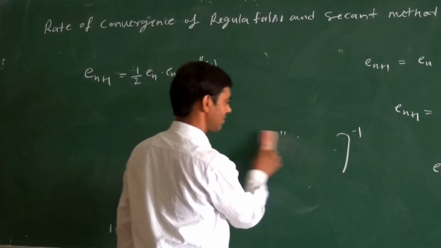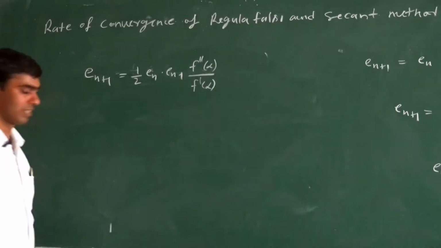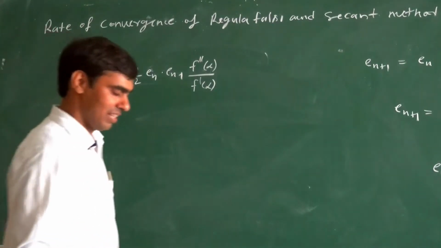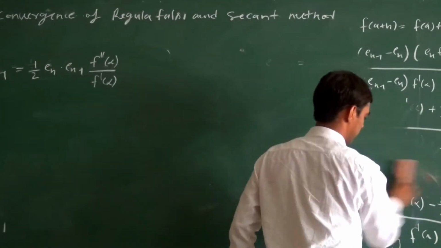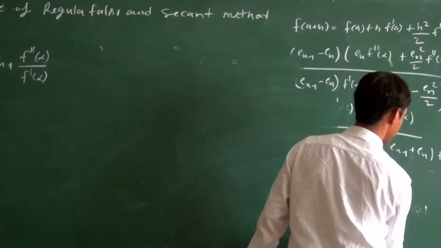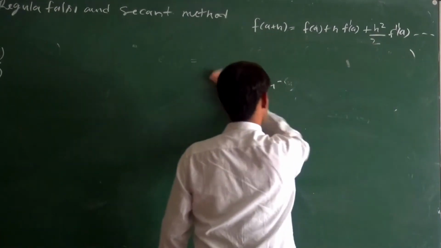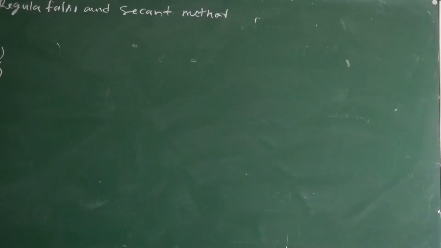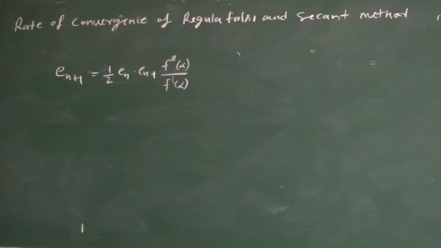Now we try to define the rate of convergence with the help of this expression. And this expression we obtain from the iterative scheme of the Regula Falsi method and secant methods.